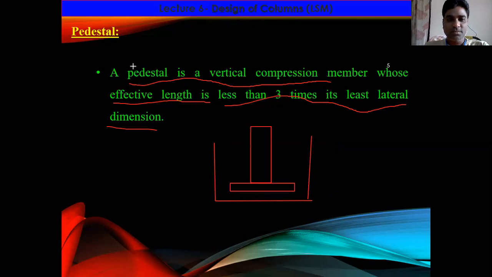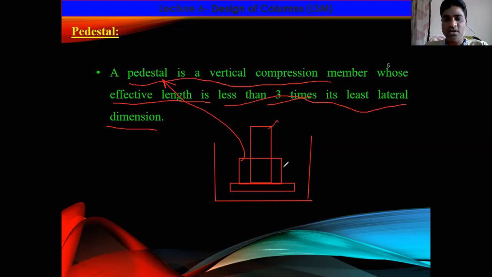So generally, the pedestals are provided at this level, like this. This is called your pedestal, right? Generally, the effective length of the pedestal is less than 3 times the least lateral dimension.